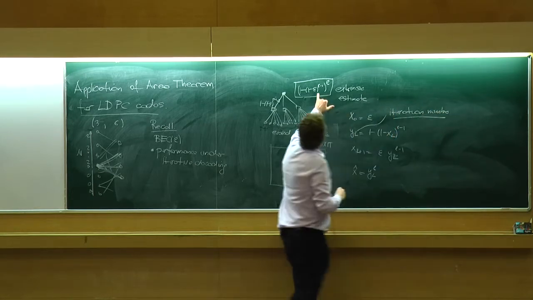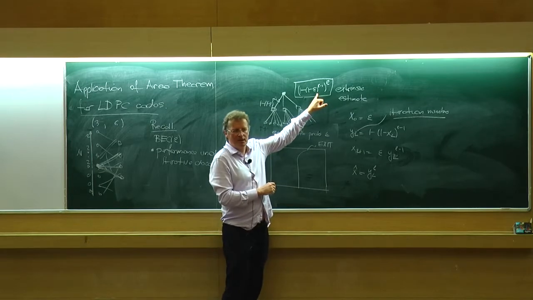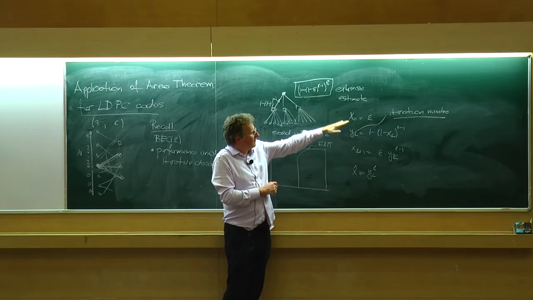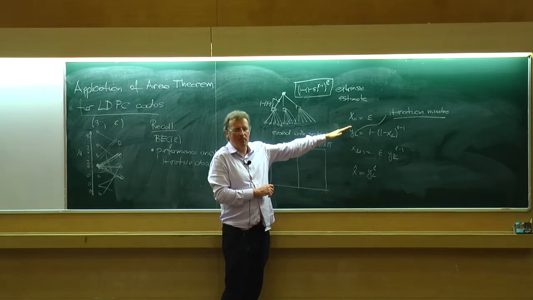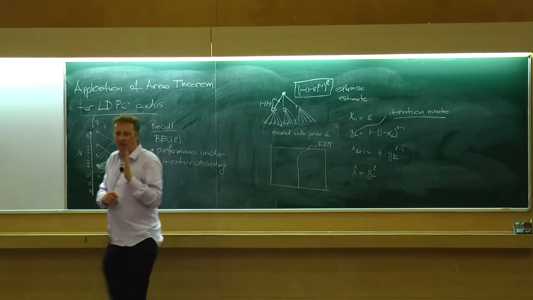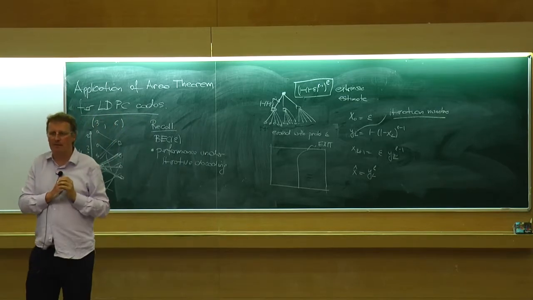Right now I'm just looking at the estimate after the first iteration, but you can get better estimation after other ones, and we'll come back to it later to look at what the optimum is. So remember, there would be the actual EXIT function of the code. The actual EXIT function of the code would be the MAP performance.